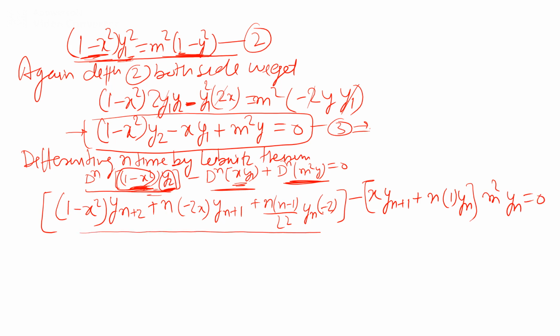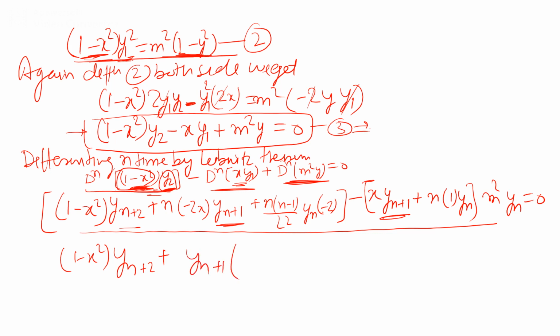Now you just simplify that equation. First you write the highest derivative, that is y n plus 2, this is the only term. Now take y n plus 1 as common, so you get y n plus 1 times minus 2nx and minus x. And similarly you take yn common.